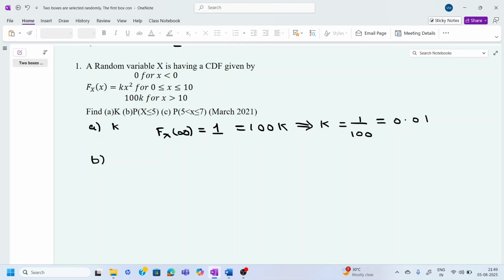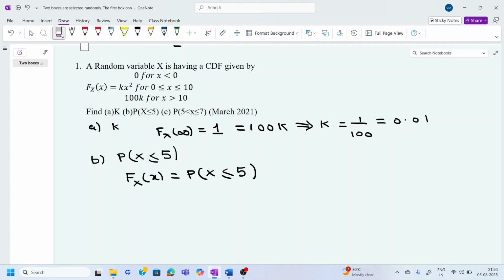Second bit, we have to find the probability of x less than or equal to 5. From the definition of the distribution function, Fx of x is nothing but the probability that the random variable capital X is less than or equal to small x.